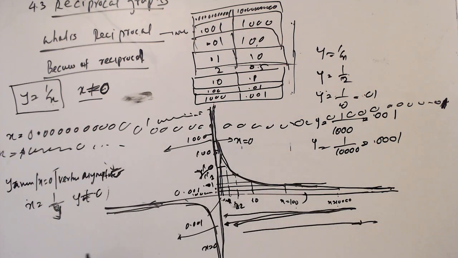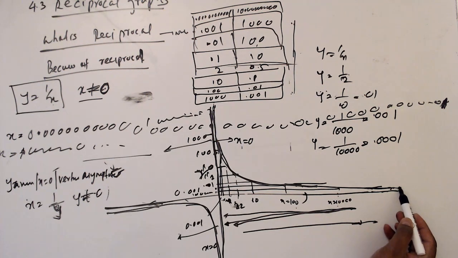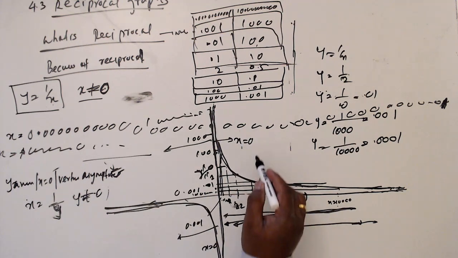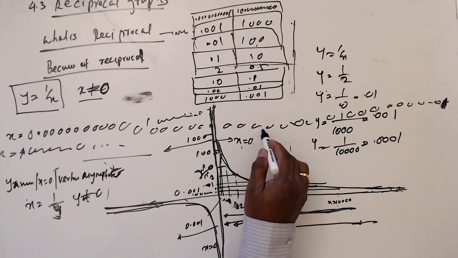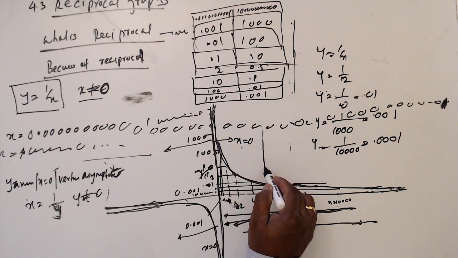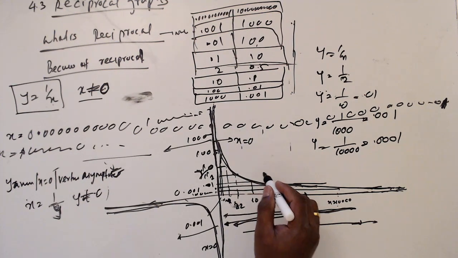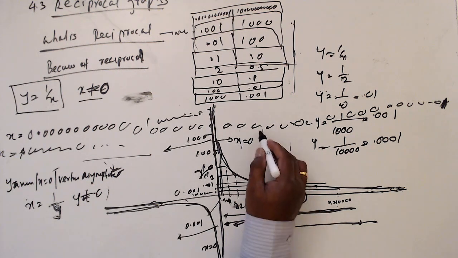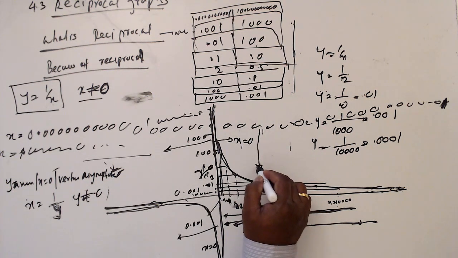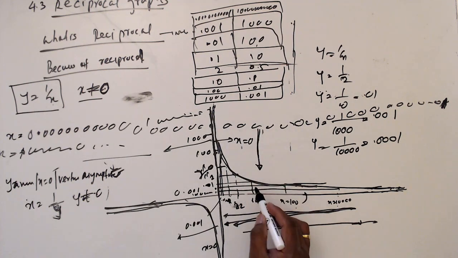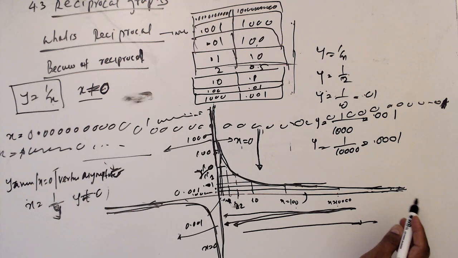When you put 1 over that number, it becomes a very, very small value. So y is getting smaller and smaller, getting to 0, as the x value is getting bigger and bigger.